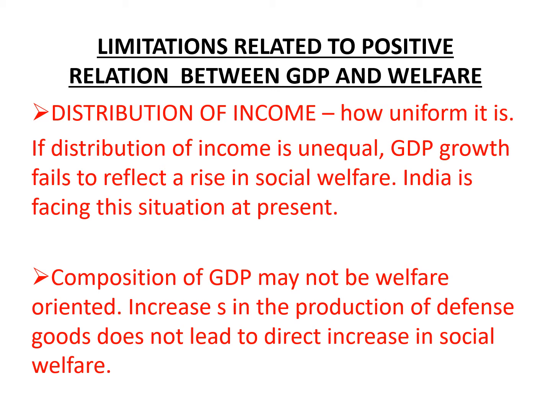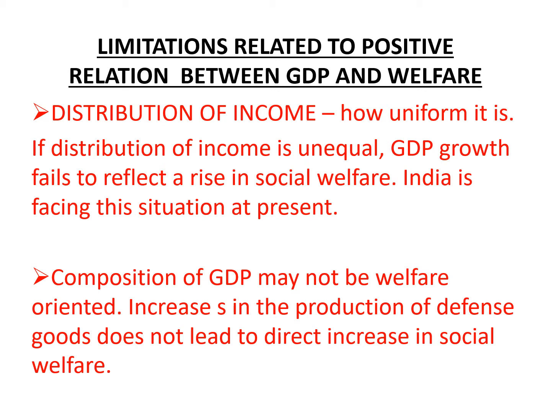For example, if the total GDP is more concentrated towards defense goods, which are required for the safety and security of the country, they are increasing welfare, but they do not lead to a direct increase in social welfare.